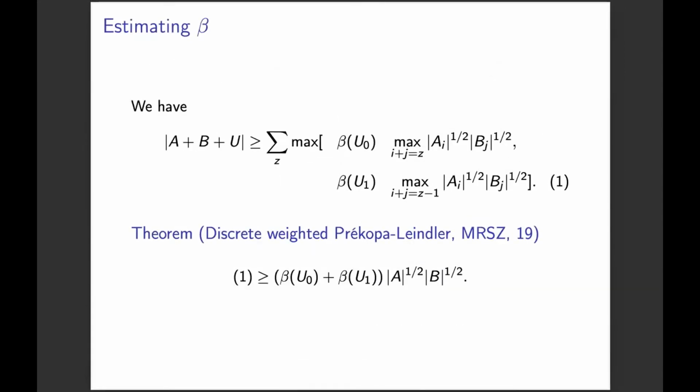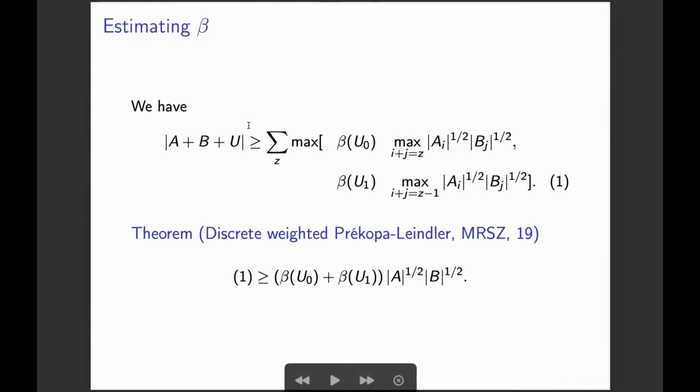Okay, so now if we come back to the estimation of the triple sum, then the maximum is going to be taken over just two slices. And we can have a sum over maxima, which include only the betas of two slices, u_0 and u_1 here.